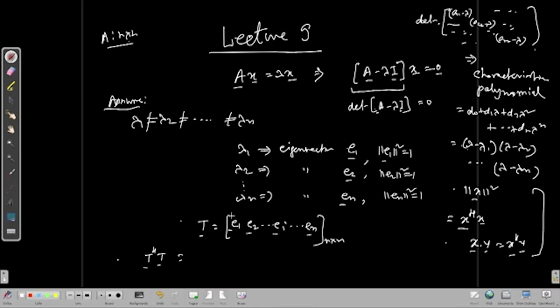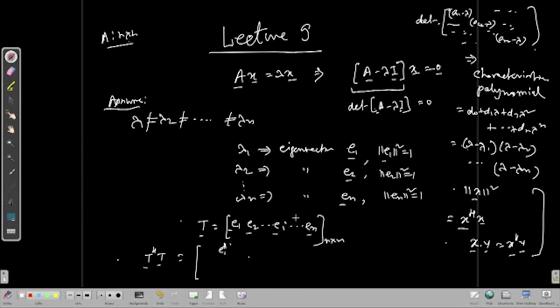T H means, remember, you first take the transpose and then conjugate. Transposition you can easily see: E1 is a column vector, after transposition it will become the first row. Then E2 is the second column, after transposition it will become the second row, and likewise. So now the row version is E1 H, because you have to transpose and conjugate, because T H means you have to apply H on this. That is, you have to take the transpose of this matrix and conjugate every element. So the first column will become the first row, and then conjugate, so not just transposition but conjugation.